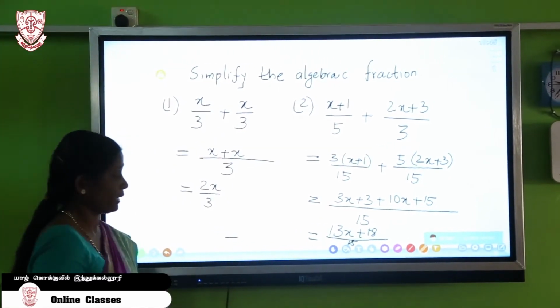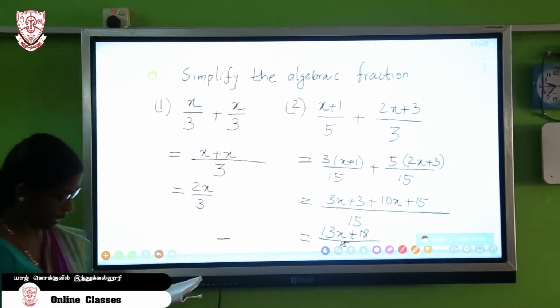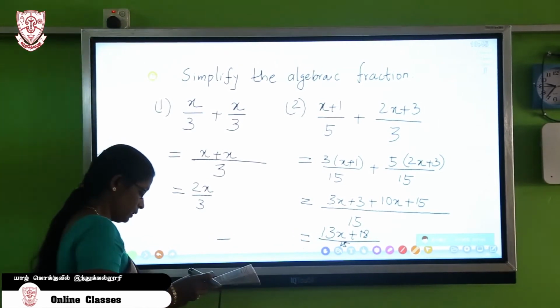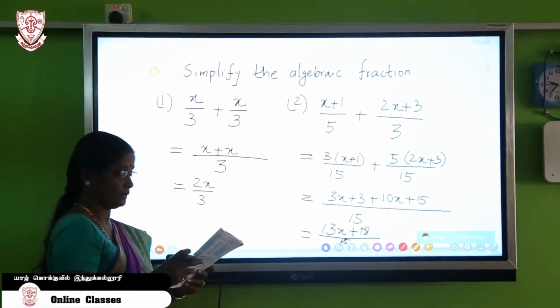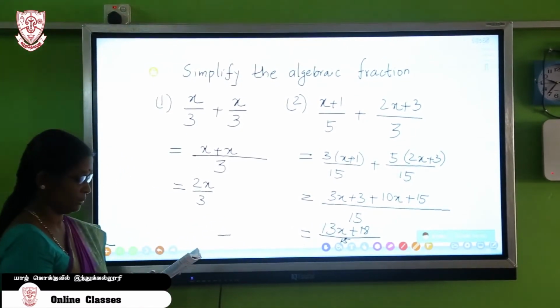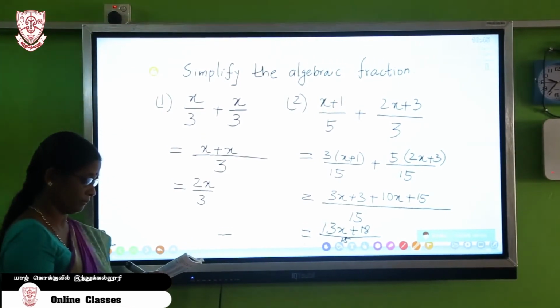Likewise you can simplify by continuing the exercises in your textbook, page numbers 130 to 134, the review exercises. Students, you can do them. There are 6 questions.